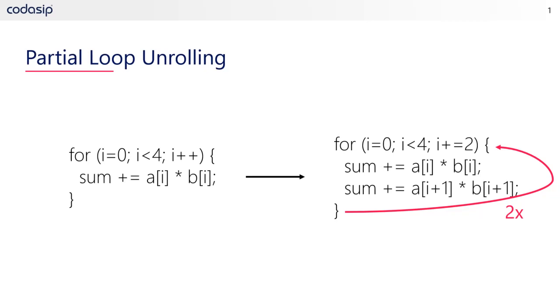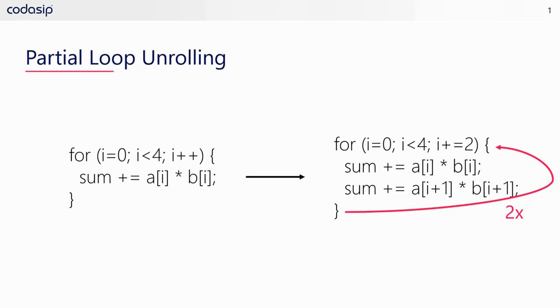So you do 2 multiply and accumulate operations, and then you execute the loop overhead instructions. So the loop overhead effectively is now only half of what it was. So performance goes up. But at the same time, in order to do this, the compiler had to replicate the loop body. So code size possibly increased.